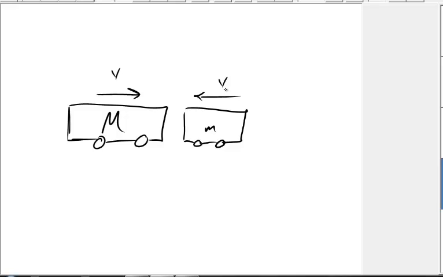And so what will happen here is that they will experience the same force because of Newton's third law. But this mass will have a much larger change in velocity, than this giant mass will have a very tiny change in velocity. And so this car keeps going forward, and this car will actually change directions, which means the change in v is big.